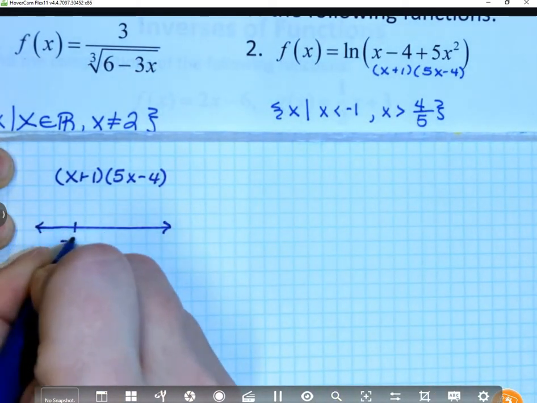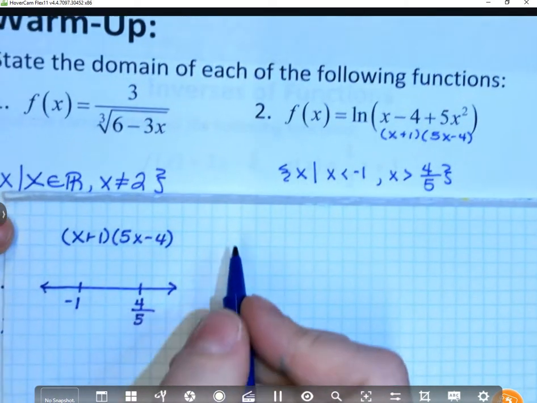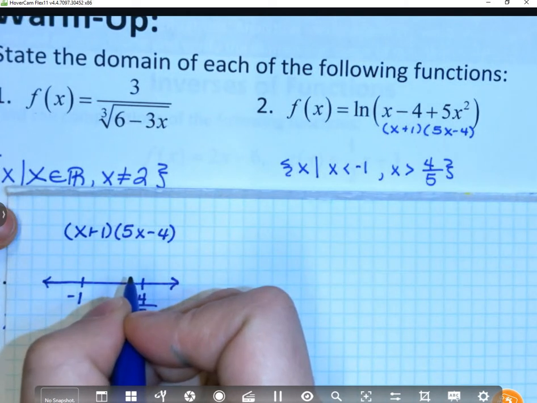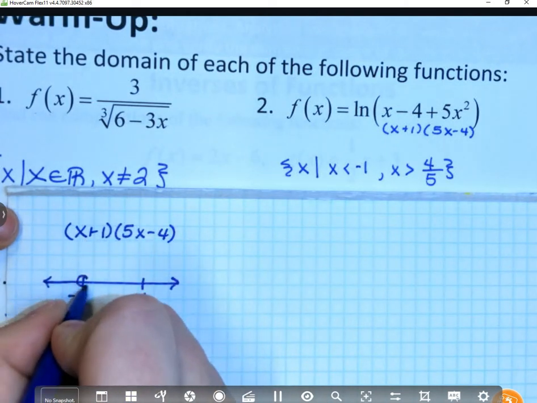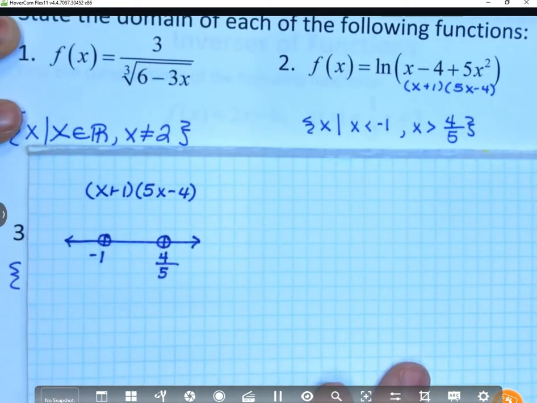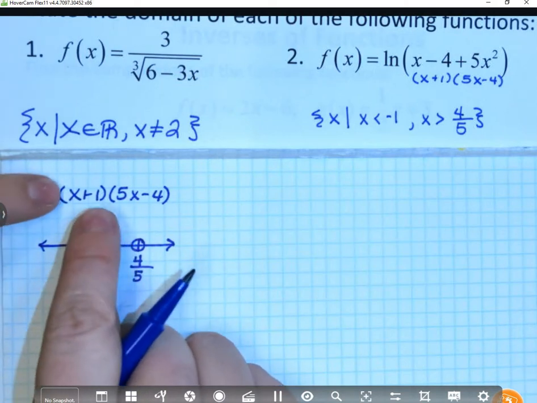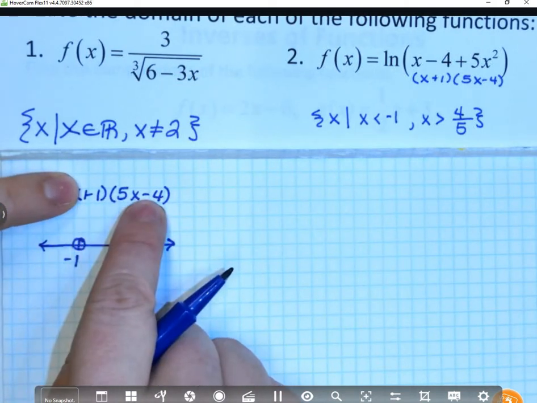So we have -1 and 4/5. You know that they're going to be open circles because logs have to be greater than 0. You cannot be equal to. And then it becomes a matter of checking values. If I plug 0 in here, that would be 1 and -4.